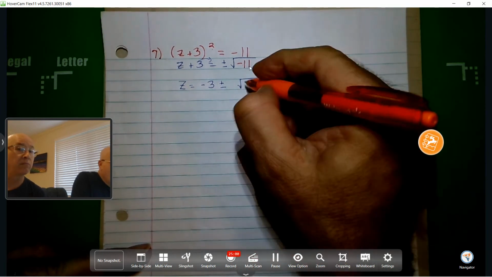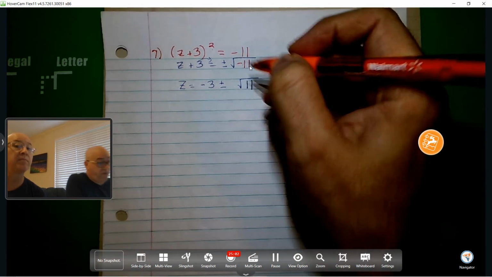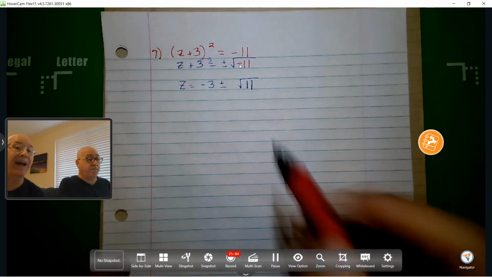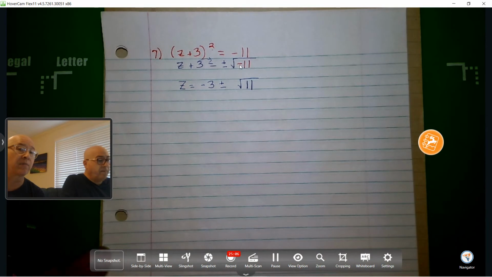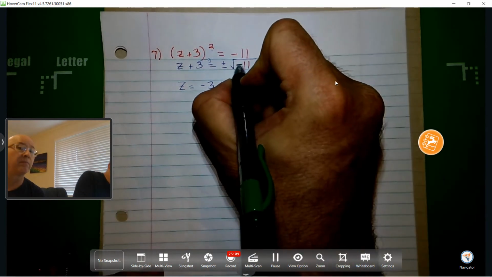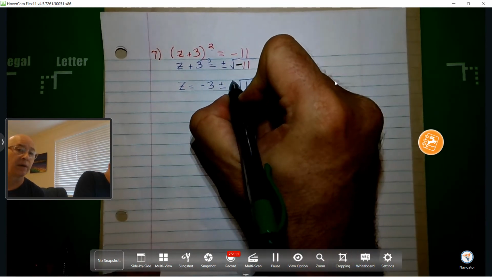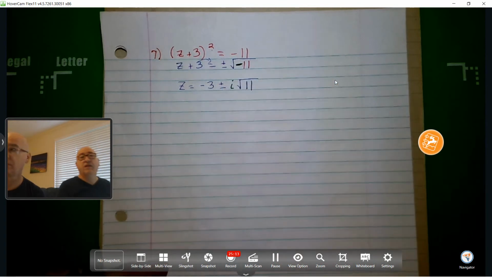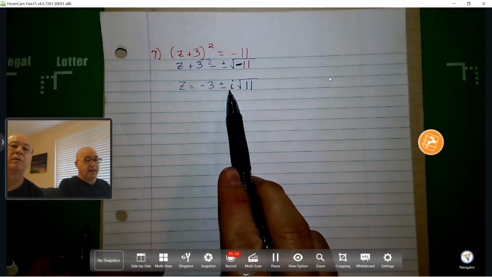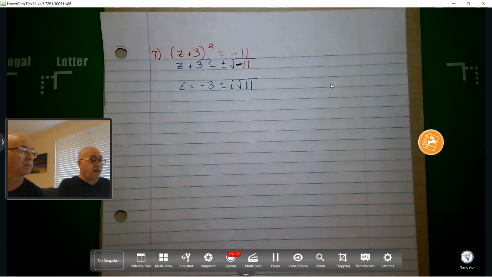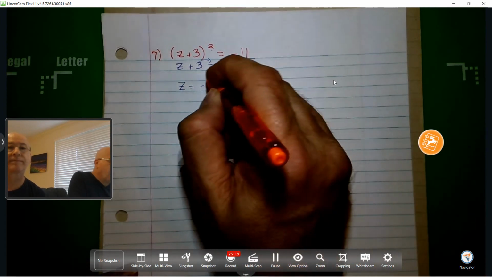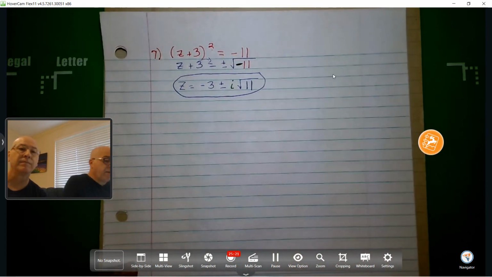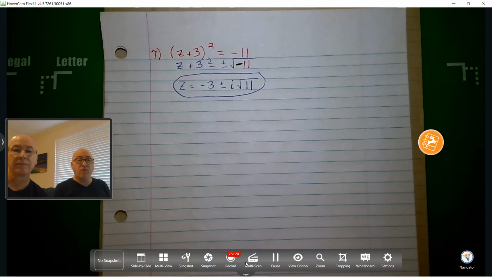No, you can't simplify it, 11 is a prime number, right? But what do you have to do because of that negative under there? You've got to write it as an I. That's why I put a green I there. Hopefully y'all can tell the colors. So, negative 3 plus minus I square root of 11.